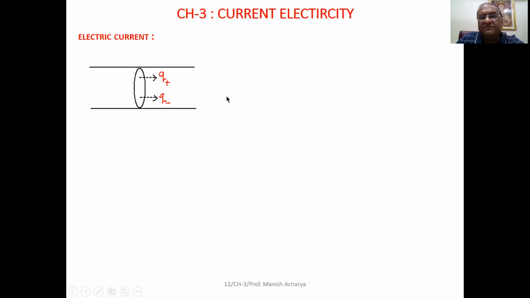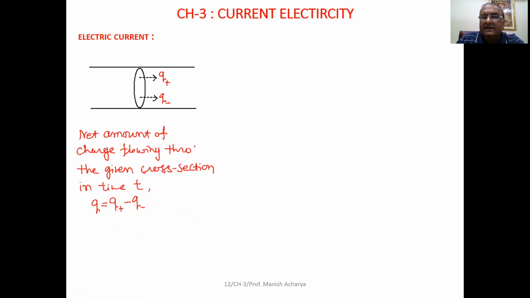Then the net amount of charge flowing through this cross section in the given time interval t, we can write as Q equal to Q plus minus Q minus.